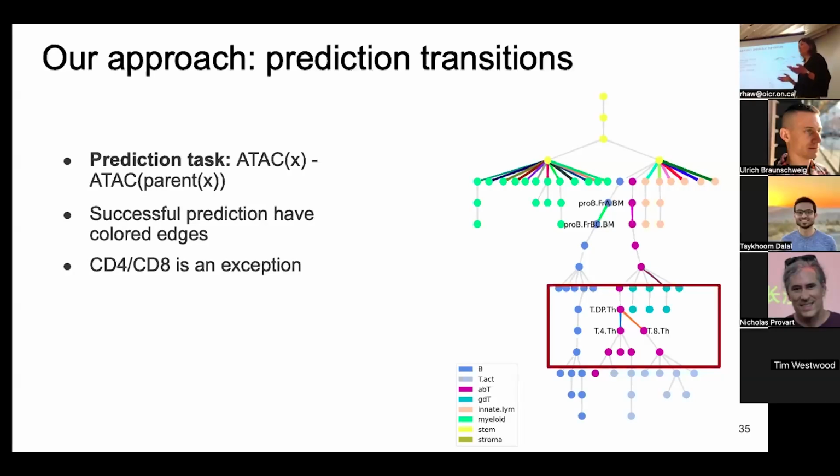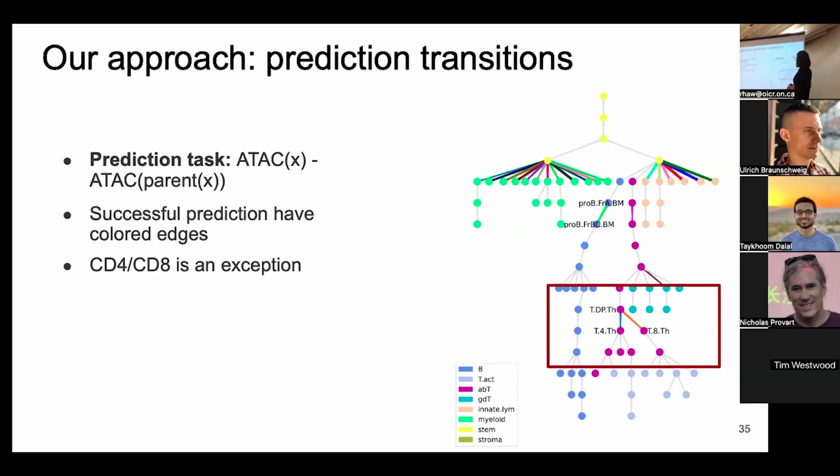The immunologists sorted them based on their knowledge because they are functionally distinct. We still don't have a great way of understanding why they're distinct in terms of regulation. If you look at this diagram, most of the colored edges fall onto major lineage transitions. For example, we can predict B cells really well, but what we predict is this specific transition. We can't really tell the difference between these things.